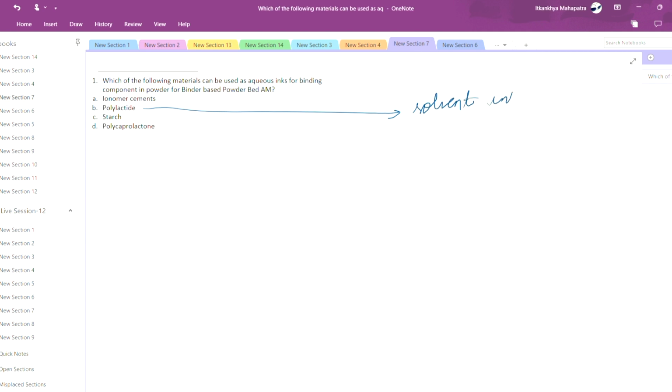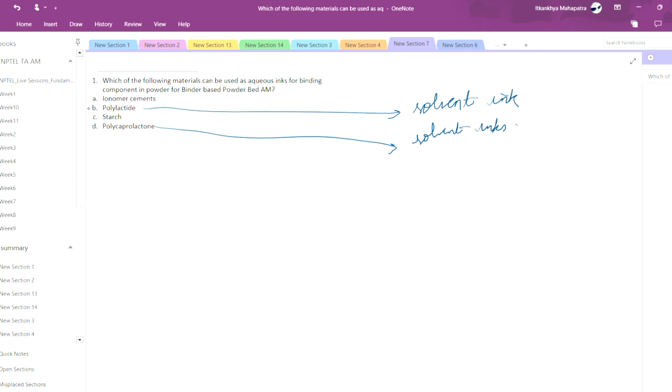We use solvent-based inks. Polycaprolactone is also solvent-based. So our correct option, this is a straightforward question. Now starch and ionomer cements.